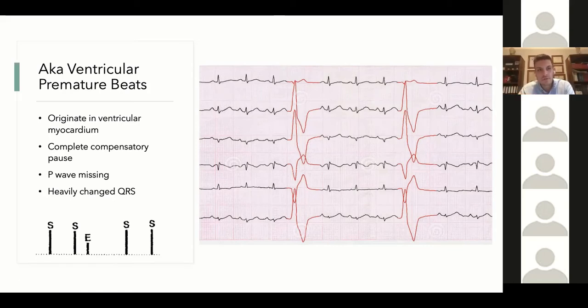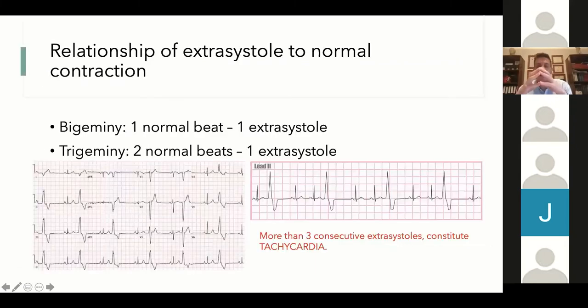Okay, so ventricular extrasystole includes an aberrant QRS with a complete compensatory pause, and most of the time the P wave is absent before the QRS. Now, we will classify them based on the relationship with normal beats that occur between the extrasystoles.